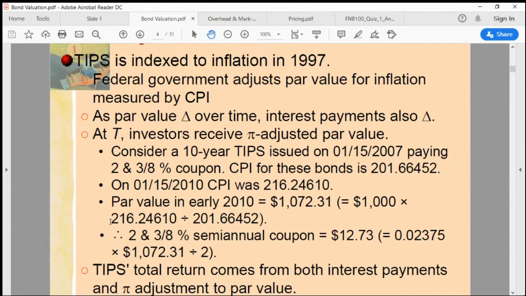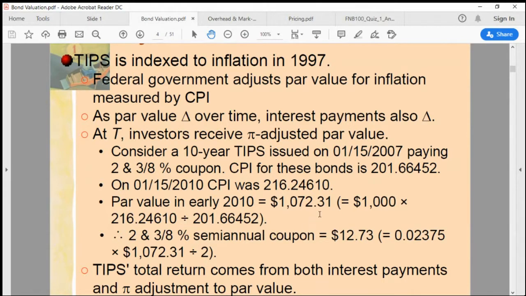Just use the round number, 216 divided by 200. What do you get? 1.08, right? 1.08 means 1 plus 8%. Makes sense?